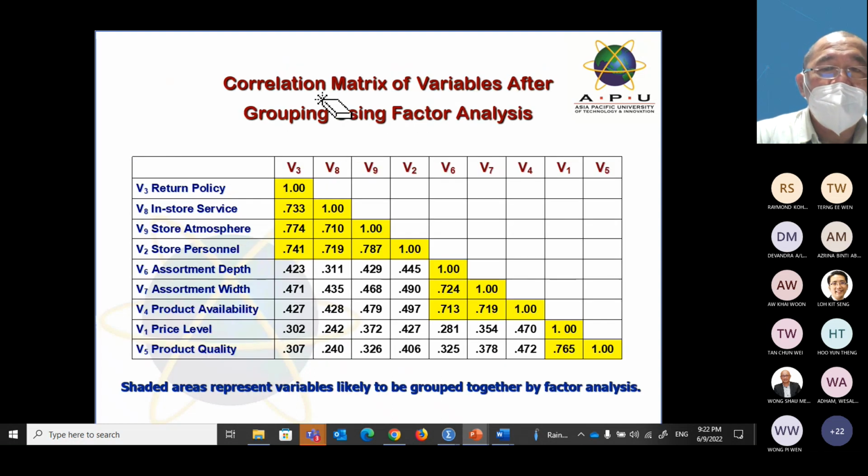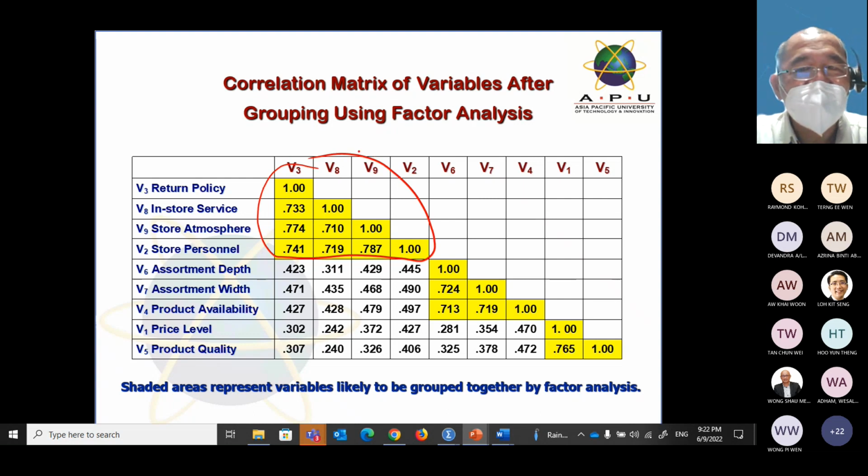Can you see, V3, V8, V9, V2 is one group, because among them the correlation is always very high. Let's say we use 0.7; it is always more than 0.7: 0.733, 0.774, and so on, among these four.